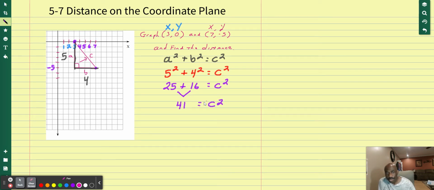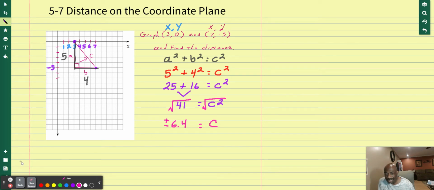What do I do now? You already know how to get rid of the square. We have to square root, the opposite, right? So the square root gets rid of the square, and I'm left with c. And the square root of 41 is positive and negative 6.4.